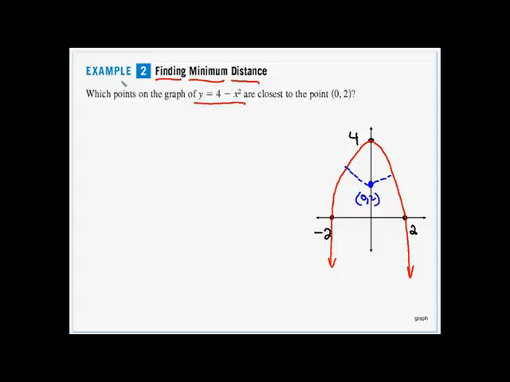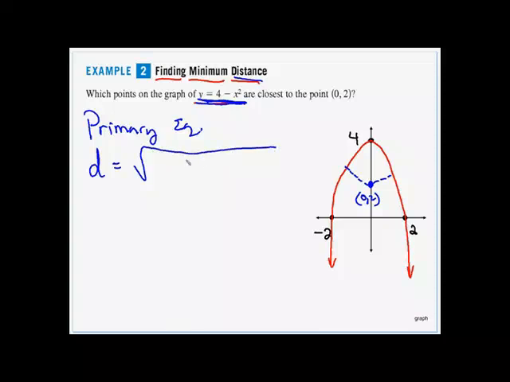They didn't give us any formula here besides this one. Is this what we want to minimize? Remember our primary equation. The primary equation is the one we want to minimize or maximize. And this is the equation of our parabola. That's not what we want to maximize or minimize. What we do want to minimize is distance. So we have to think back to the old distance formula.